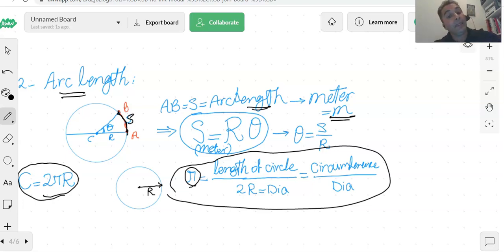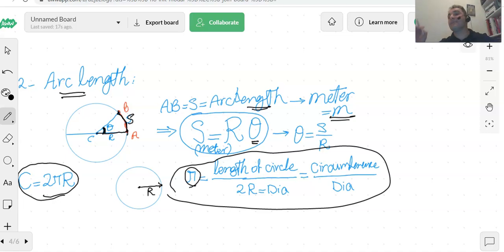Therefore, what is S? The length of arc, or AB, is R times this angle. Radius times angle, but not in degrees, in radians. Be careful. Your angle is in radians. Therefore, theta becomes S over R. So guys, radian is not part of the 7 major quantities.